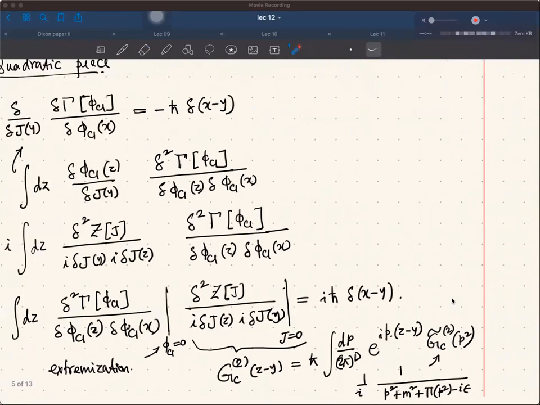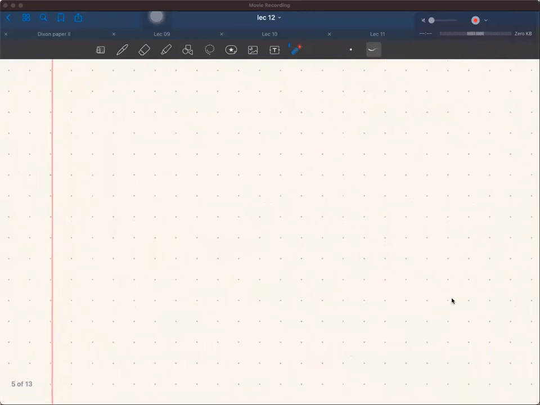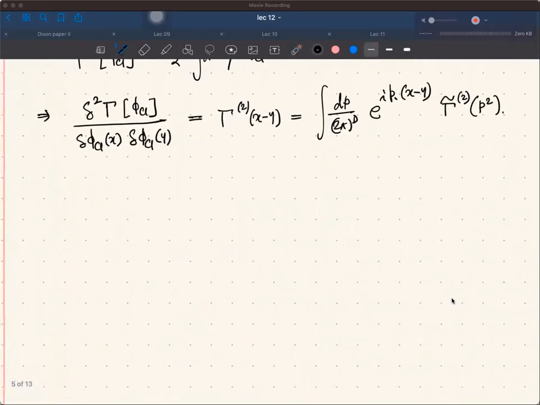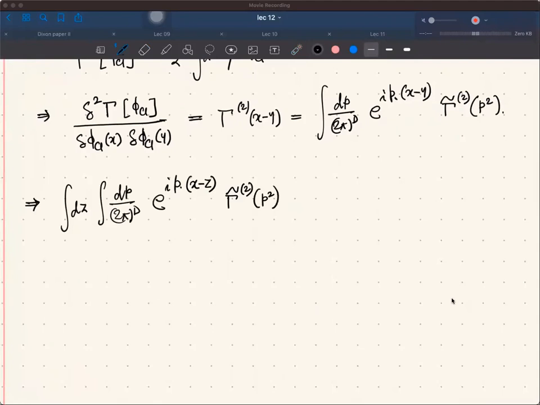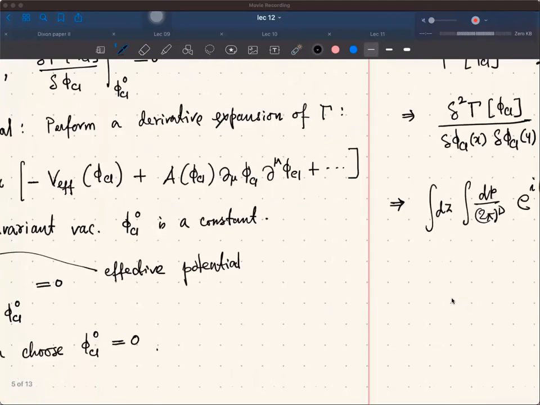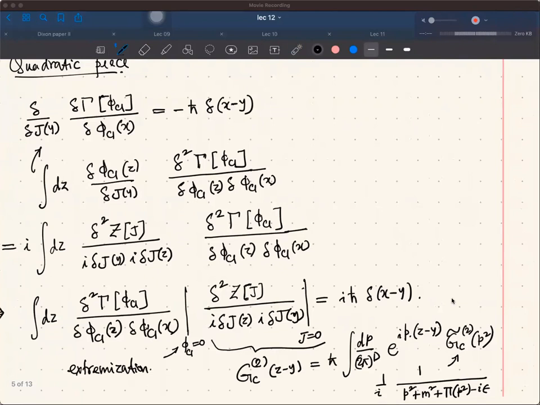So let's write integral dz, then this double derivative is integral dp by (2 pi)^d, e to the power i p dot (x minus z), gamma tilde 2 of p square. And then the second factor, G2, which is given by this.